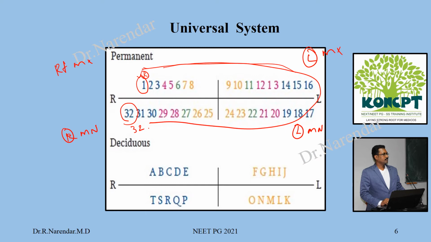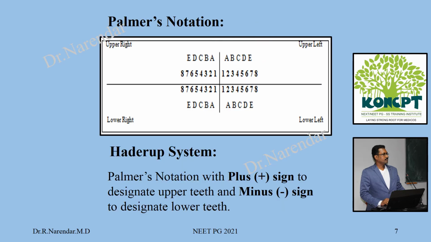For deciduous dentition, it is denoted in alphabets. Starts from A in the right maxillary second molar, and then goes in a clockwise direction and ends in the right mandibular second molar, that is T. Coming to Palmer's notation, here the denotation starts from the central incisor 1 to 8 in the permanent teeth in all the quadrants.